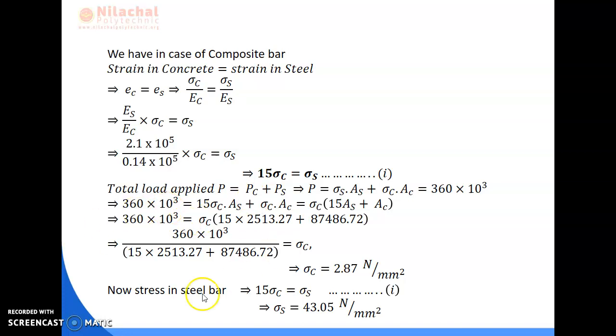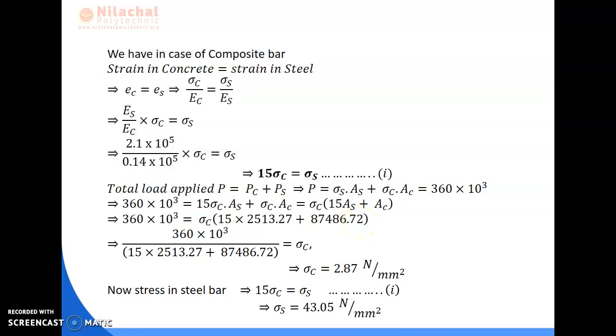Now putting the values of area of steel and area of concrete in the expression, we can write 360 into 10 to the power 3 is equal to sigma C whole bracket 15 into area of steel as 2513.27 plus area of concrete as 87486.7.